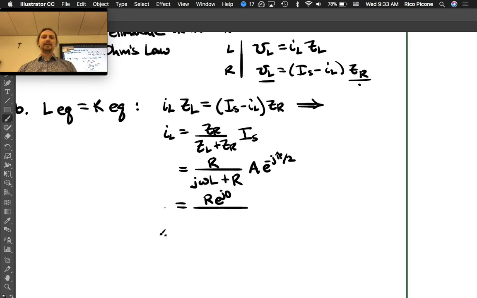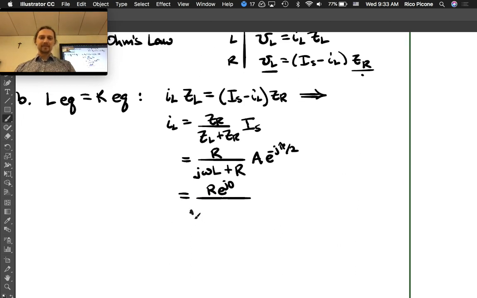The square root of r squared plus omega L squared. So the real part squared plus the imaginary part squared. That's the magnitude. e to the j tangent, so it's the arctangent of the imaginary over the real.